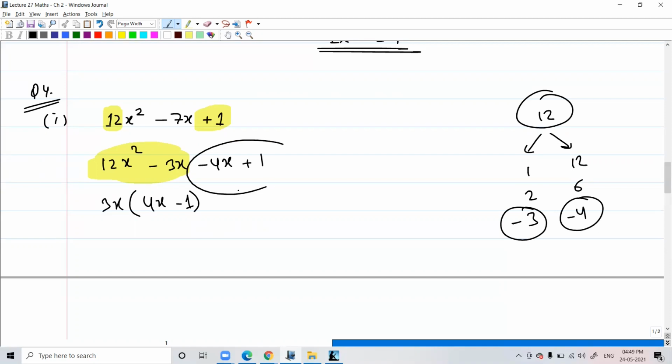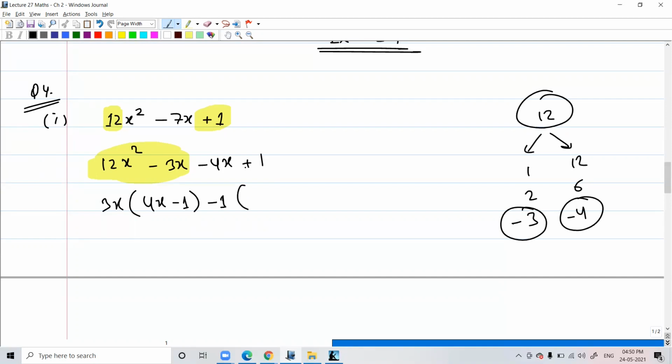Then what should I take common here? You see there is already a 4x and 1 over here, but the sign is opposite. There is a -4 and there is a +1. But what do I need inside the bracket? I need a +4x and -1. So how can I make it +4x and -1? By taking a -1 common.